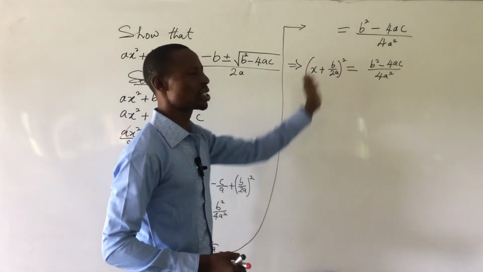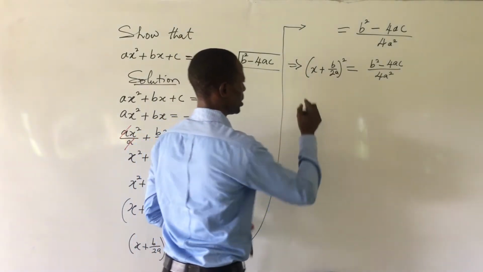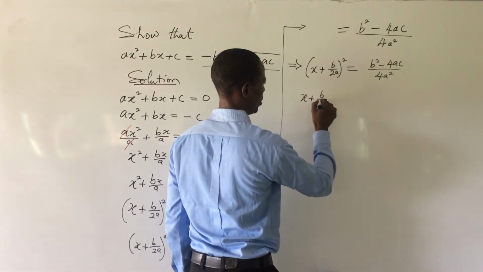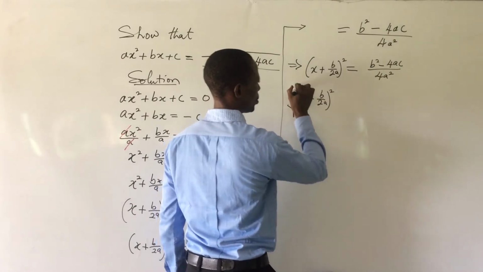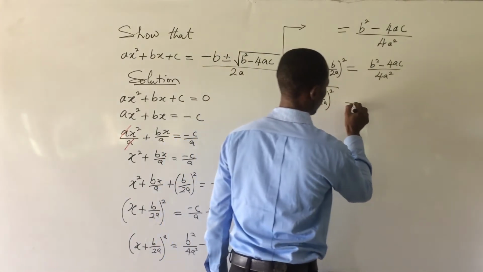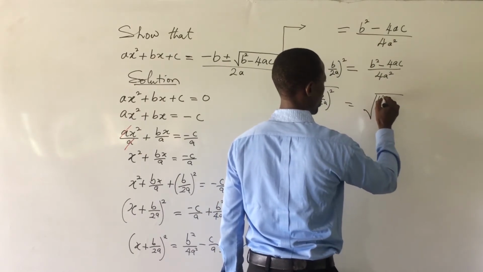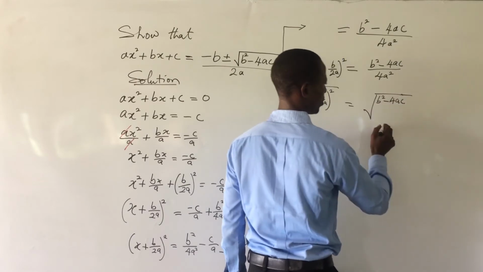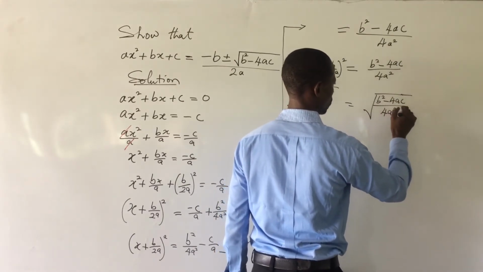So we take the square root of both sides to eliminate this power. So this gives us here x plus b all over 2a, all squared, square root, equal to the square root of b squared minus 4ac, in square root bracket, all over 4a squared.